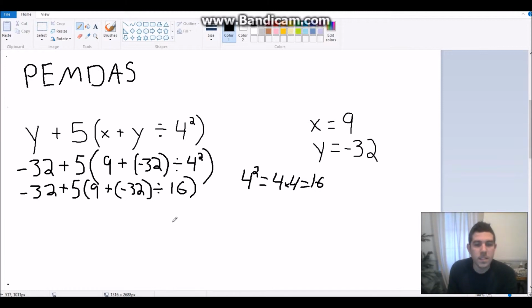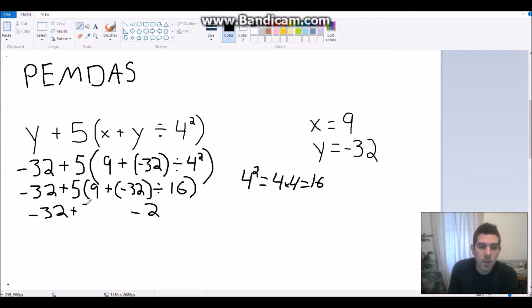Alright, what's next in my PEMDAS? Inside of the parentheses still. Addition or division? Division comes next. So what is negative 32 divided by 16? Negative 32 divided by 16 would be negative 2. 32 is divided by 16 twice. I'm going to rewrite the rest of the problem.